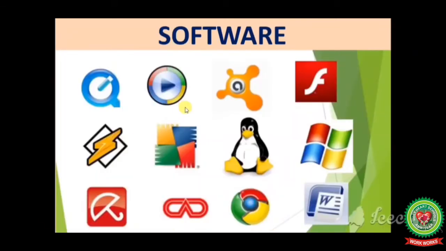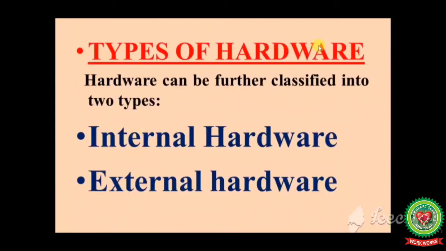And these are some softwares that are used to perform a particular task on a computer, and they work according to the user's instructions. Hardware can be further classified into two categories, internal hardware and external hardware.